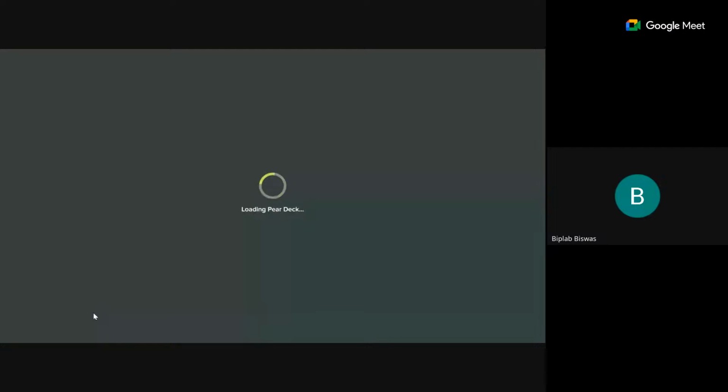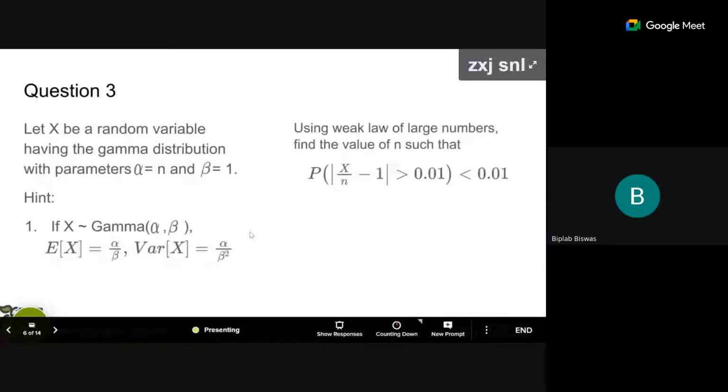Is it 1? What is this answer? The question is to find the value of n, right? So you are saying that only one random variable. If we compare this, x by n, that is the mu, right?